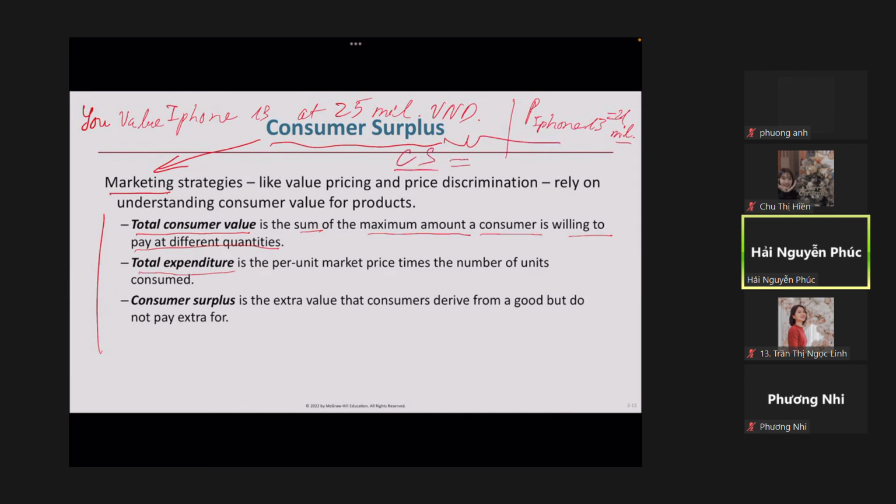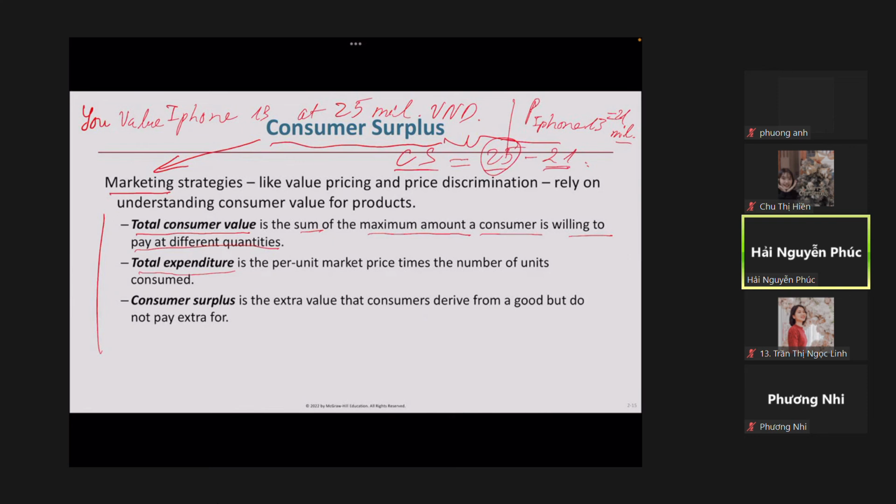It is going to be equal to 25 minus 21. You can see that you are willing to pay for the iPhone at the price of 25, but you actually have to pay only 21 to get this item.